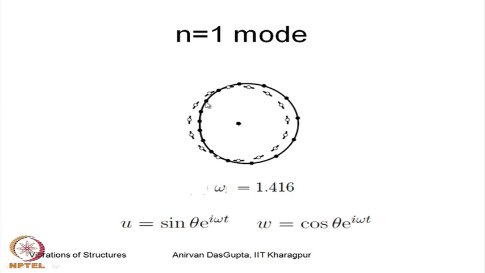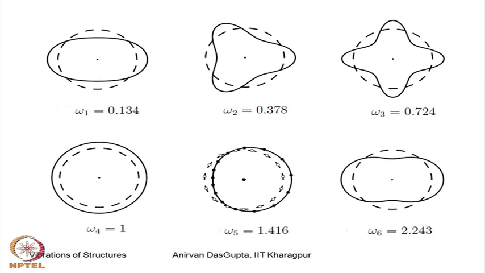So, you have compression here and rarefaction here, so that finally it is a momentum conserved mode. So, continuing this way you can then solve for higher modes, but then let us see something interesting.